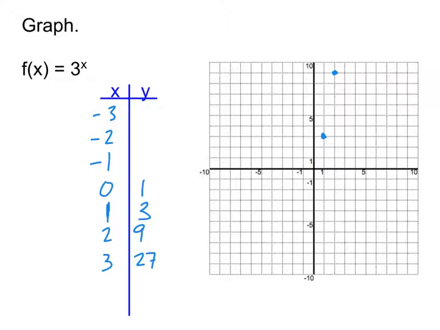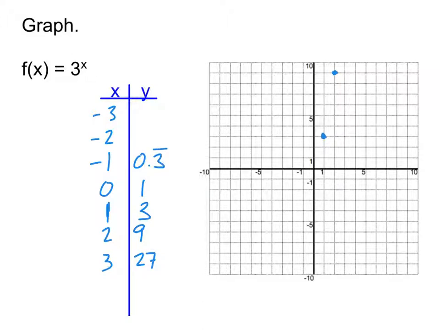Which, again, I could kind of reason through the same way, because if I'm going up through here, it's like I'm dividing by 3. 3 divided by 3 would give me 1. And actually, 1 divided by 3 is going to give me my next y value at -1. Or I could actually plug it in my calculator. I could do 3 to the power of -1, and it would tell me 1/3 or 0.3 repeating.